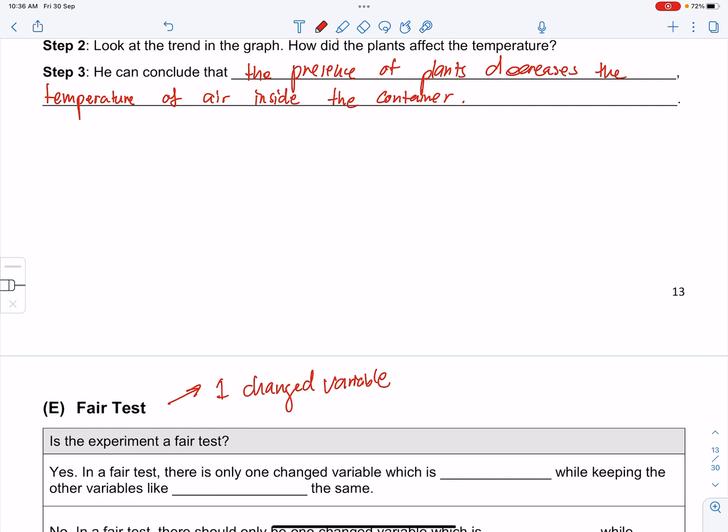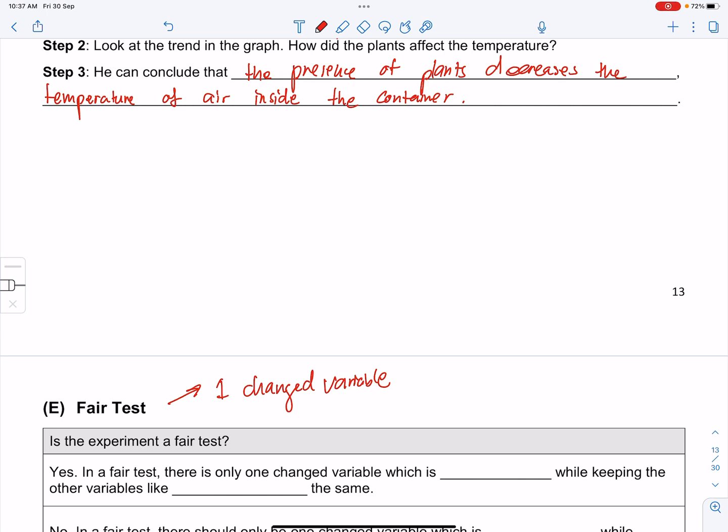For example, if it's an experiment about evaporation and you want to know how the temperature of the surrounding affects the rate of evaporation, your container, if you use a different size or type, might affect the exposed surface area of the water in the container to the surrounding. So it becomes two variables. You have to explicitly pinpoint what it is that the container will affect.